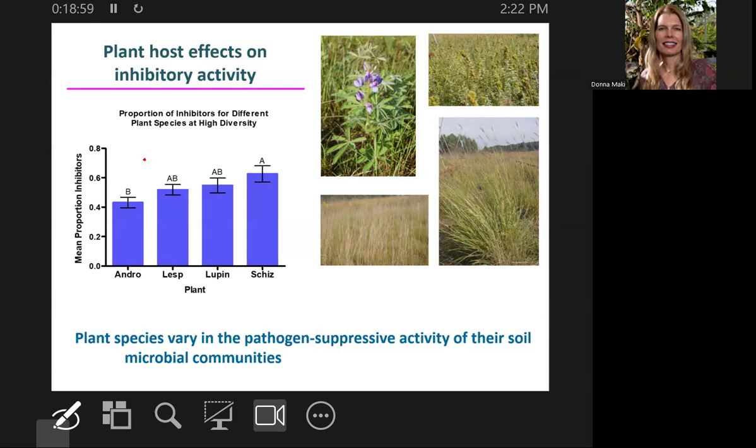You see different letters like that, that means they're statistically different from each other. And so, yeah, it matters what kind of plants are there in the ability of the Streptomyces in the rhizosphere to inhibit those pathogens that we were looking at in the previous slide.